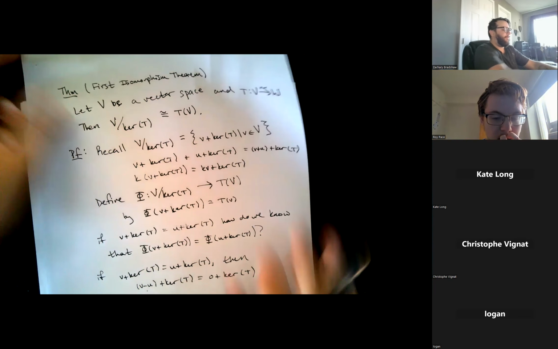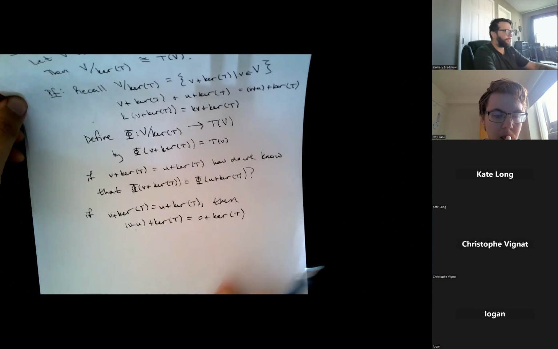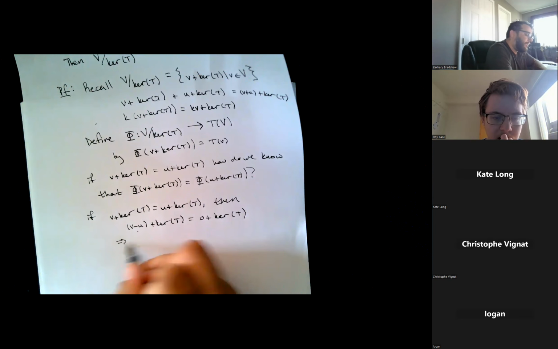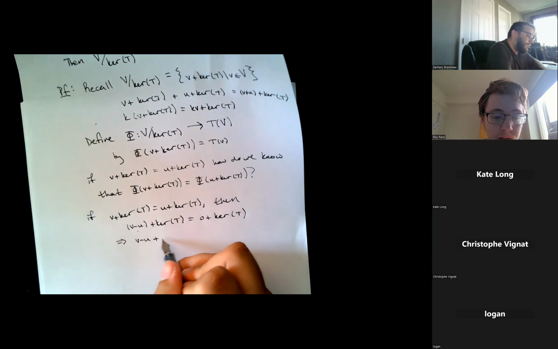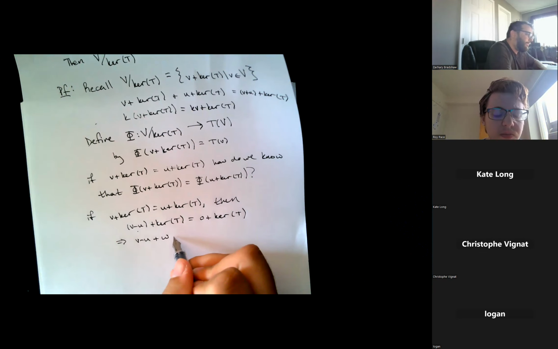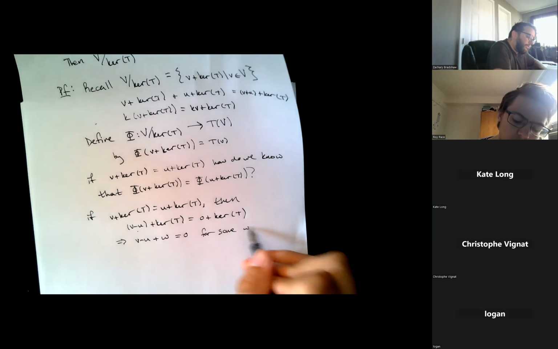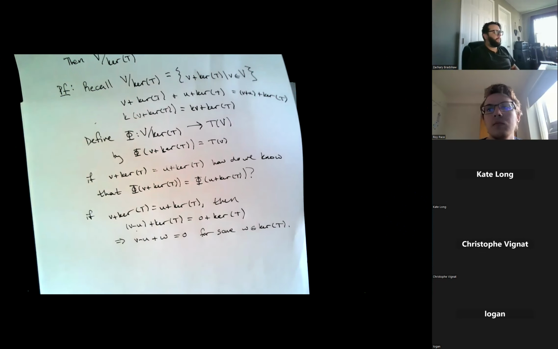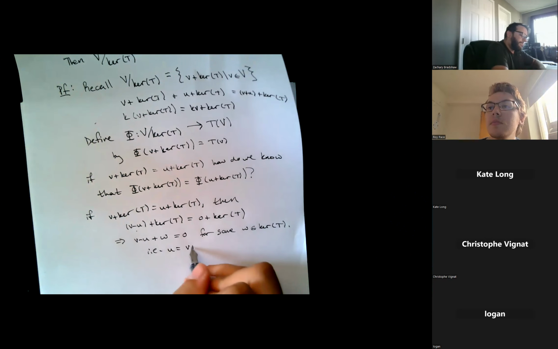And on the right-hand side, I get 0 plus kernel T, which as a set is just the kernel of T, right? Okay, so that means that v minus u is equal to some element of the kernel, let's call it w, for some w in the kernel of T. So, i.e., u is equal to v plus w.